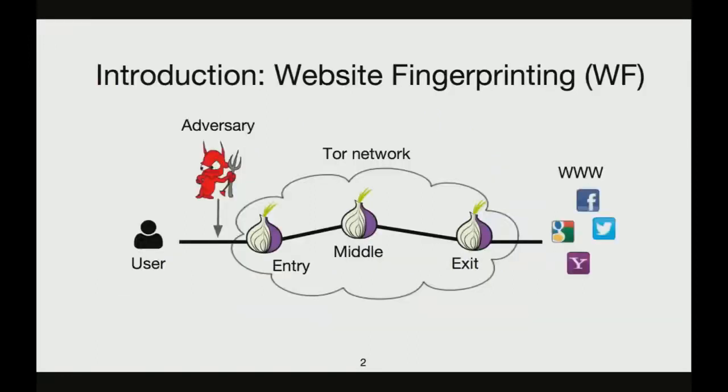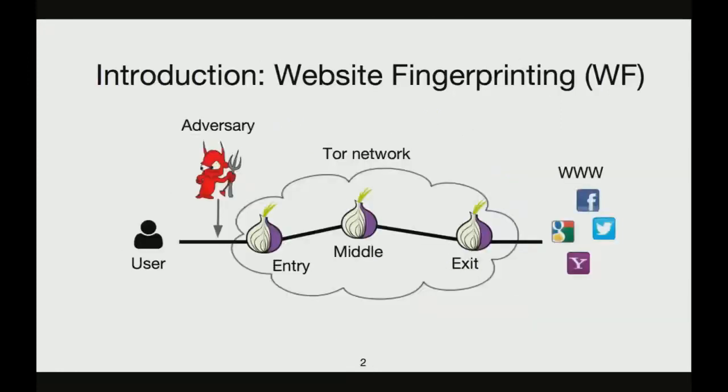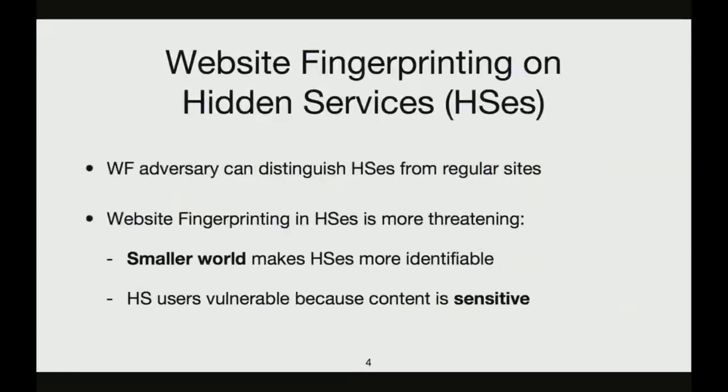Normally, Tor builds 3-hop circuits, and actually for hidden services, they are 6-hop, but there are other differences. And in 2015, a paper by Kwon and others showed that these differences can also be observed in the traffic and can be used to distinguish visits to regular sites from hidden services.